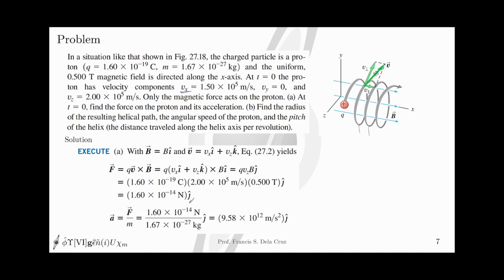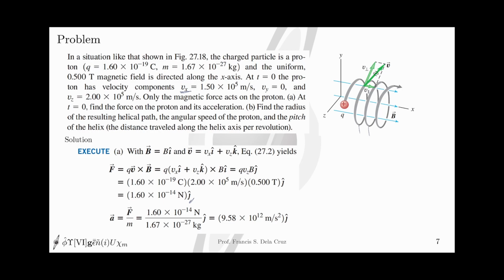And then from Newton's second law, the acceleration would be equal to F over m. So our force is 1.60 times 10 raised to negative 14, and the mass of the proton is 1.67 times 10 raised to negative 27 kilograms. It will give us an acceleration that is really huge, 9.5 times 10 raised to 12 meters per second squared, and also along the same direction as the force.